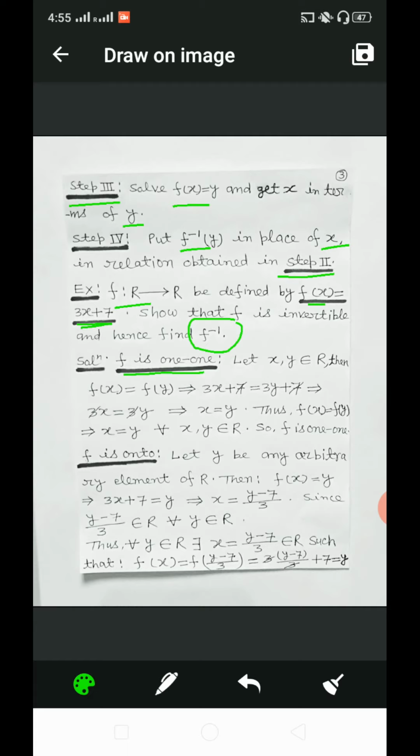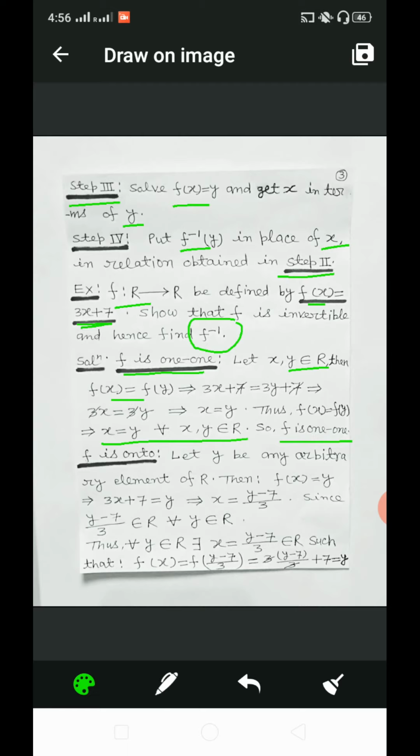Let x and y belong to the set R. Then f(x) equal to f(y), because it is one-one, implies that 3x plus 7 is equal to 3y plus 7, and after solving we get x is equal to y. Thus f(x) equal to f(y) implies that x is equal to y for all x, y belonging to R. So we can say that f is one-one.